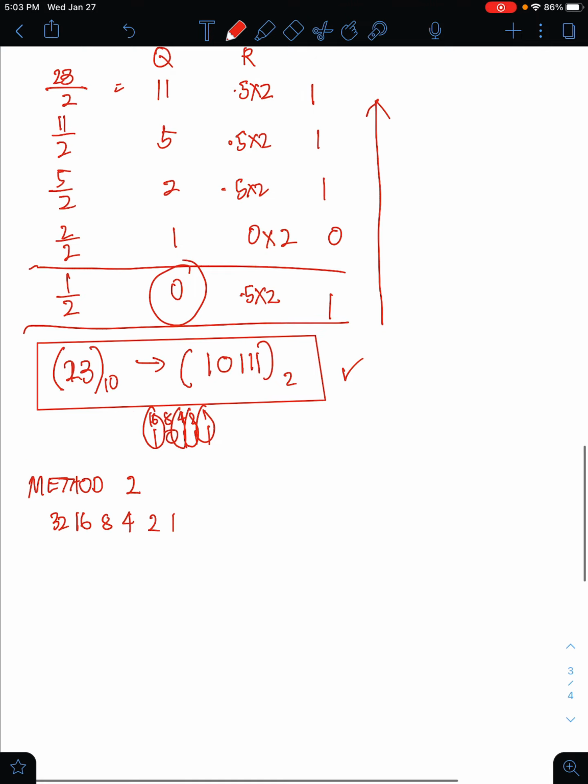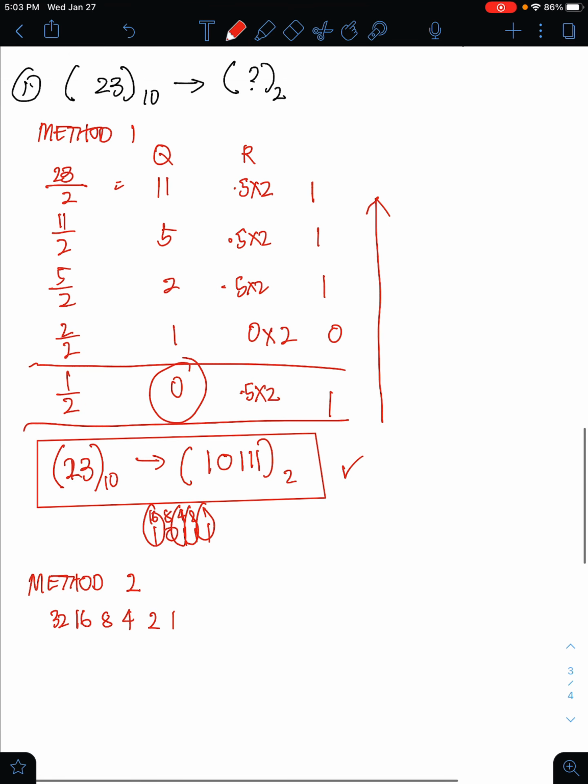Since 32 exceeds 23, we erase it. We do not need 32. We will be looking for numbers from 16, 8, 4, 2, and 1 that will come up with the number 23.